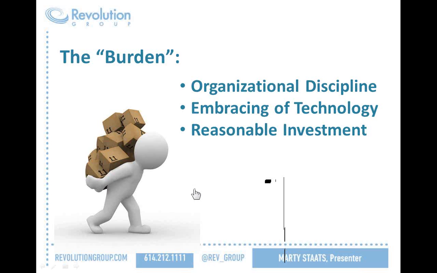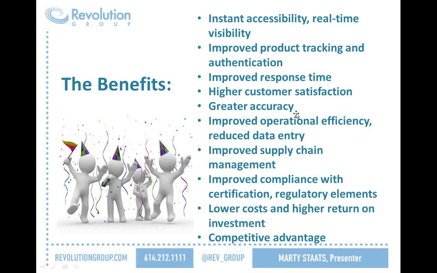If you look here, you'll see the benefits from these advanced systems. One is you're going to have instant accessibility and real-time visibility to that data. You're going to have improved product tracking, and also, if your customers require certification of parts before they're shipped, in the case of a quality containment situation, you have to certify to that customer that those parts have been inspected prior to shipping.